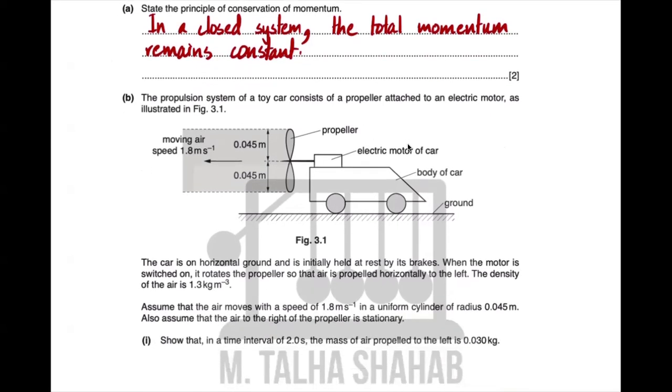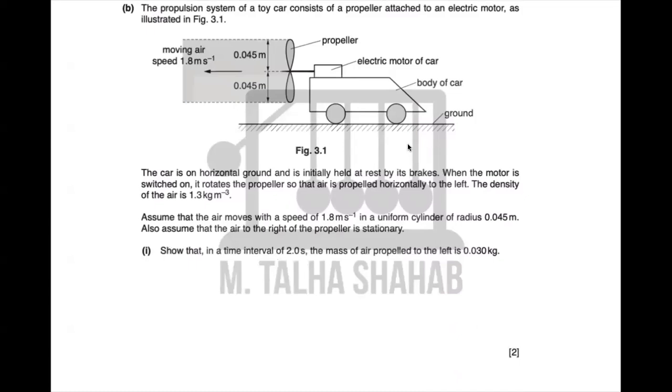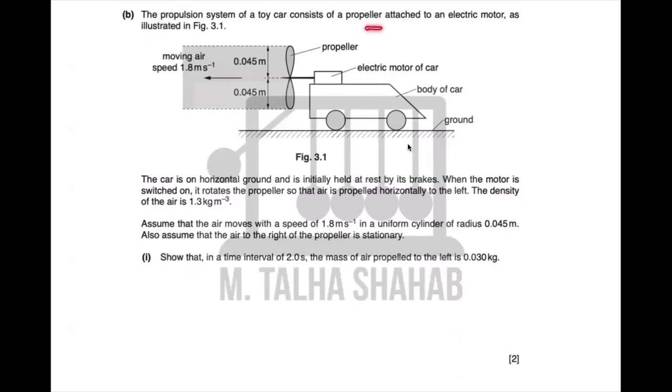All right, next. The propulsion system of a toy car consists of a propeller attached to an electric motor as illustrated in 3.1. The car is on horizontal ground and is initially held at rest by its brakes. When the motor is switched on, it rotates the propeller so that air is propelled horizontally to the left. The density of the air is 1.3 kg per meter cube.